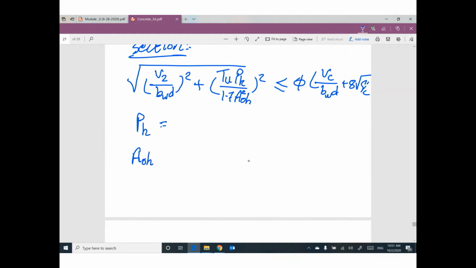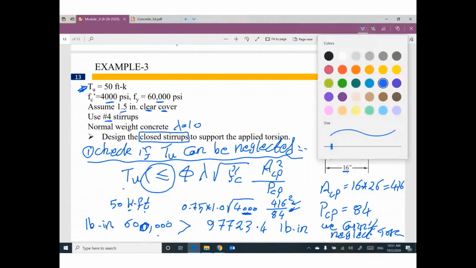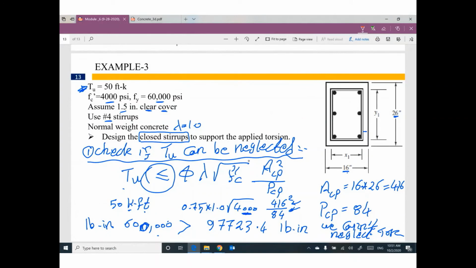To figure these values, I need to go back to the cross section and draw the center lines. So can you tell me what is the value of x1?